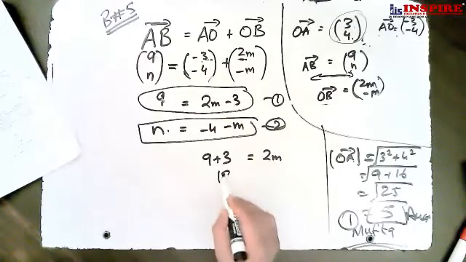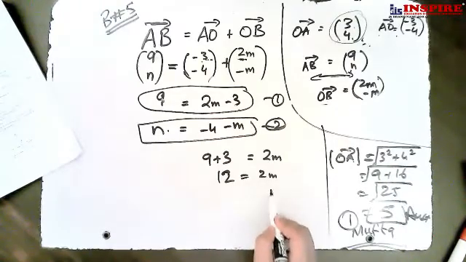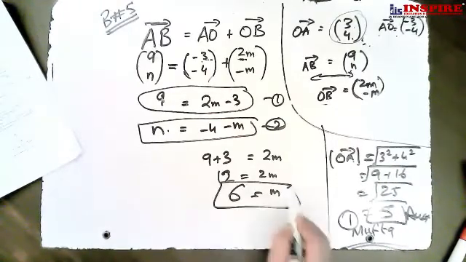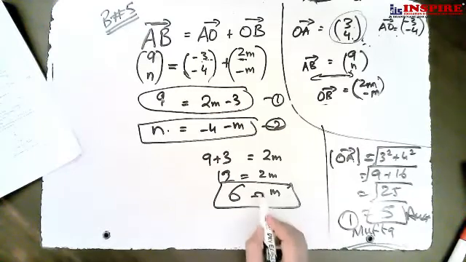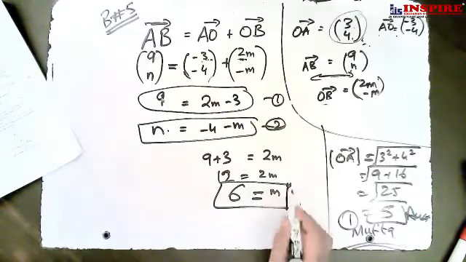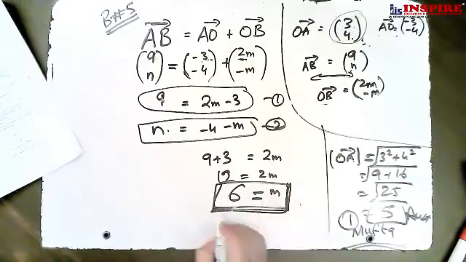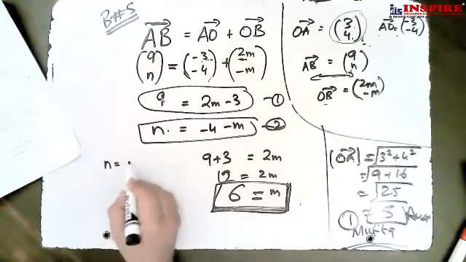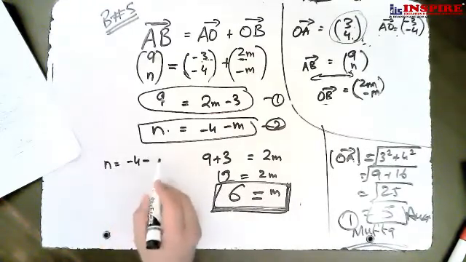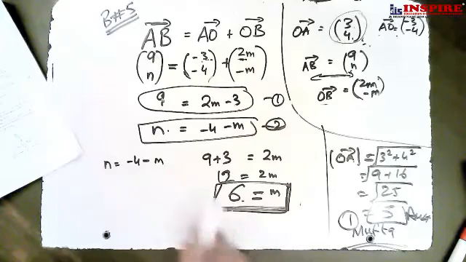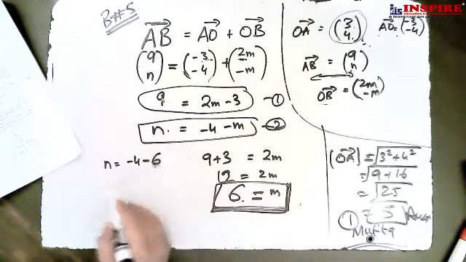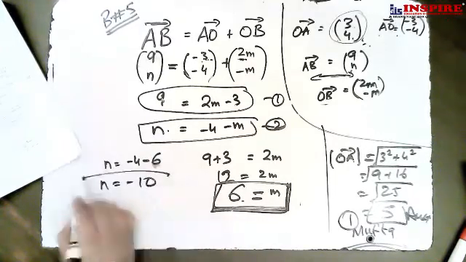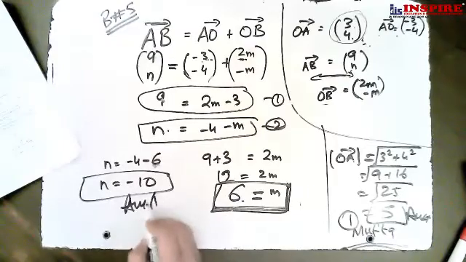That's 12 is equal to 2m, m is equal to 6. Difficult? Not difficult. We got your m, n is equal to -4 minus m. What is m? So what is the value of n? Make boxes around your answers.